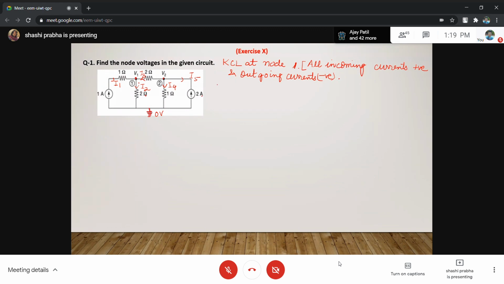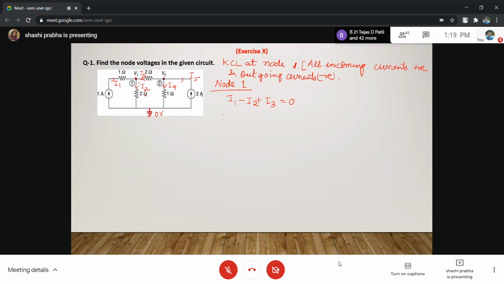So what is the equation at node 1? I consider I1 is incoming, I2 is outgoing, and I3 is incoming. So I1 minus I2 plus I3 equal to 0.